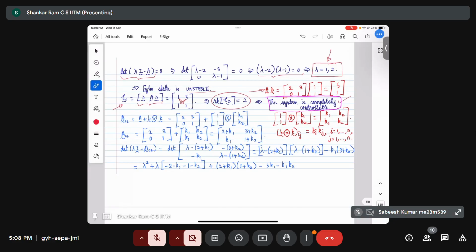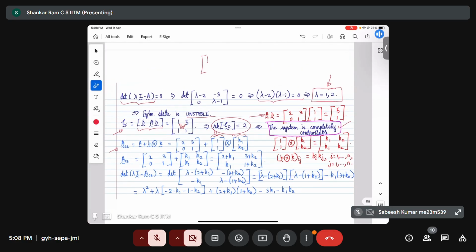Okay, which is good. Now what we do is we go and calculate the closed loop state matrix A_CL, which we know is A plus B outer product K. If you do this, this is B, and this is the vector K, right? So we know how this works, right?